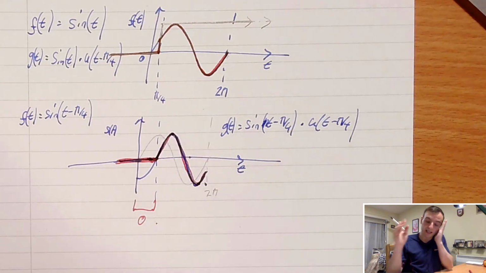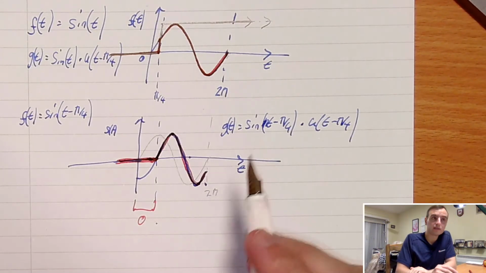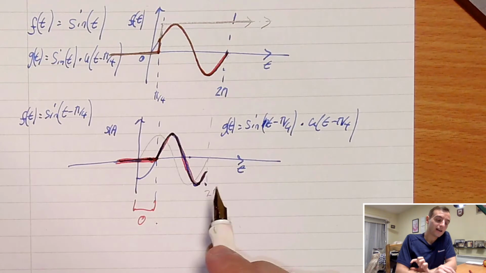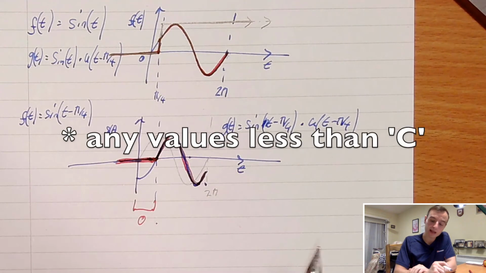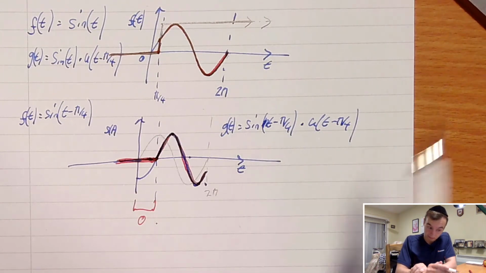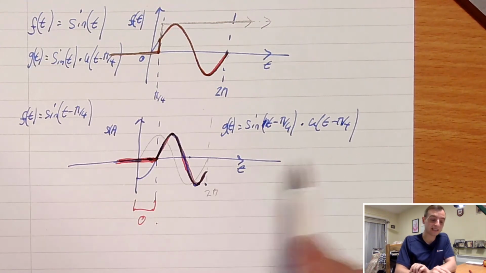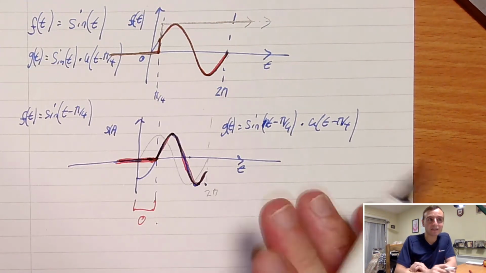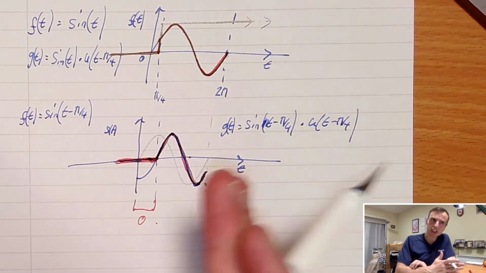So we can make a generalization. First of all, we know that u(t − c) has the effect of suppressing the function for any value less than c. But when we have, say, sine of an argument times the Heaviside step function with the same argument, it's kind of equivalent to just the original function with a shift to the right.